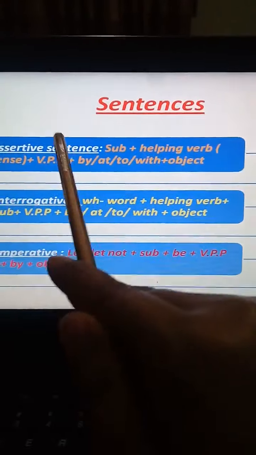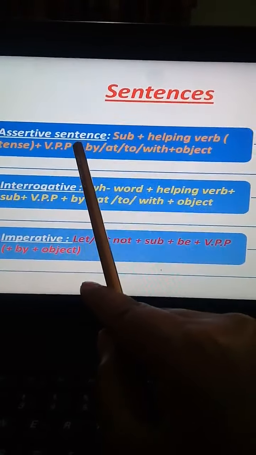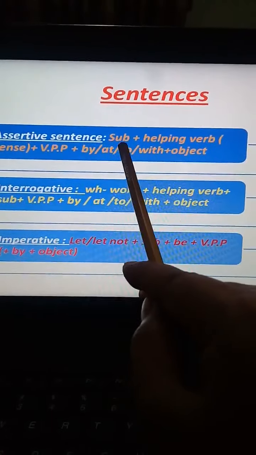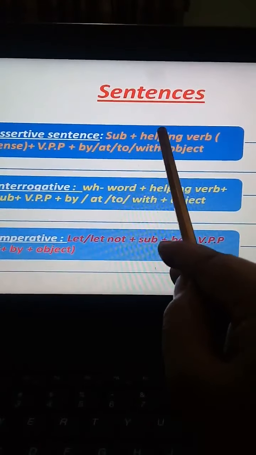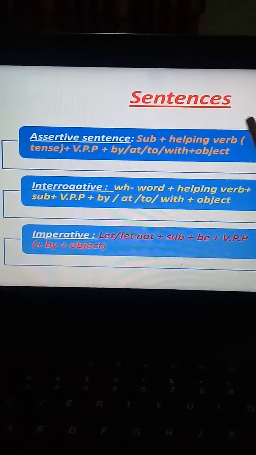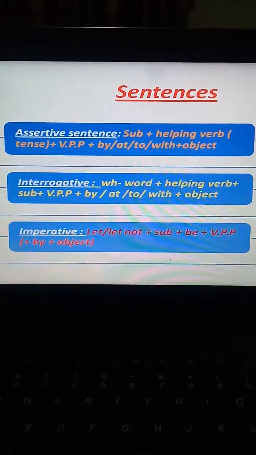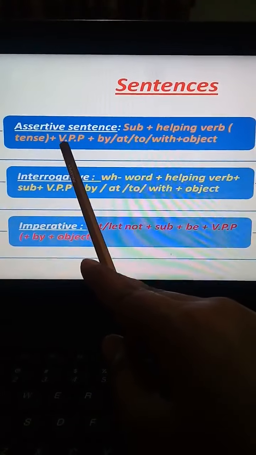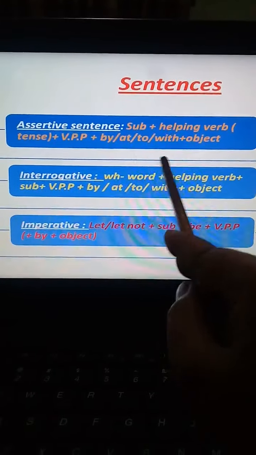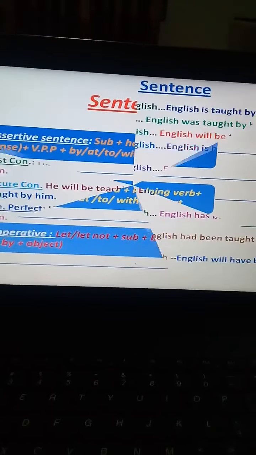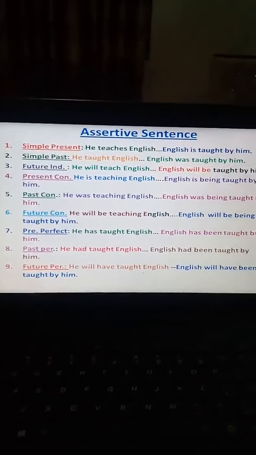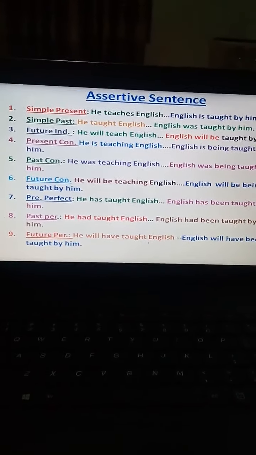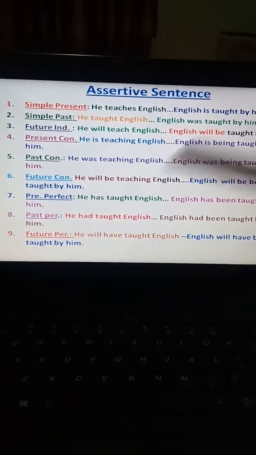So here I have written the structure of the passive form of assertive sentence, that is subject, then helping verb, which should be used according to the rules of tense or structure of tense, then past participle of the main verb, then preposition, and then object.